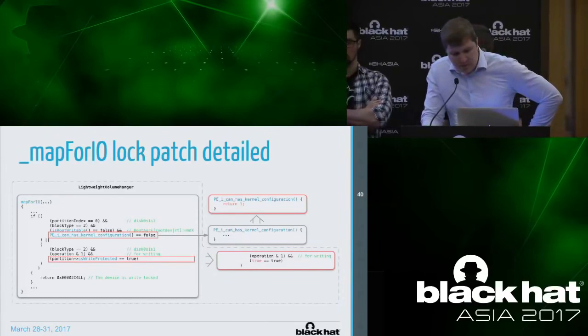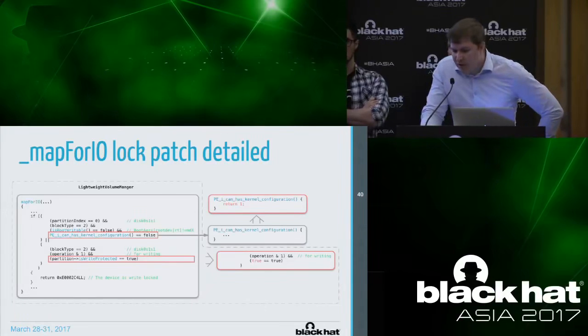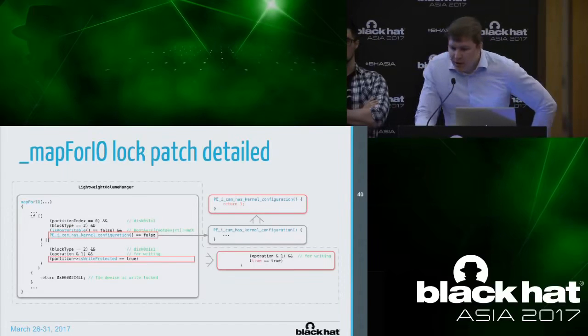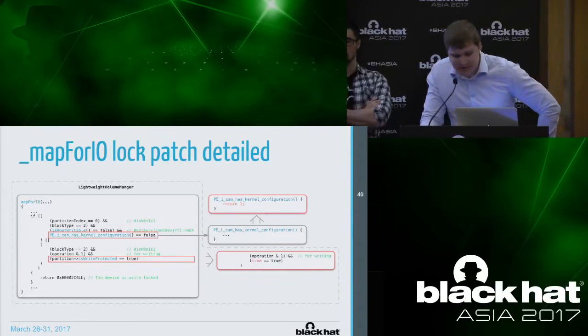First is the call to pay icon has kernel configuration. You can patch it in different ways. For example, you can patch just the GOT inside the lightweight volume manager, or you can force it to return 1 in the pay icon has kernel configuration function itself.